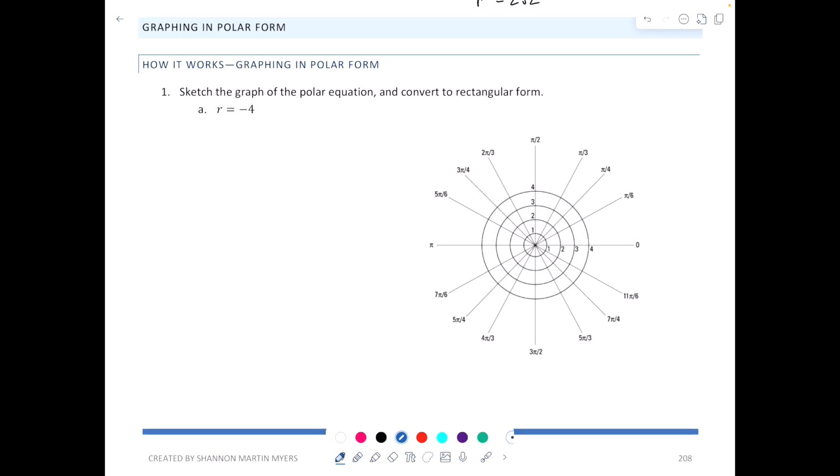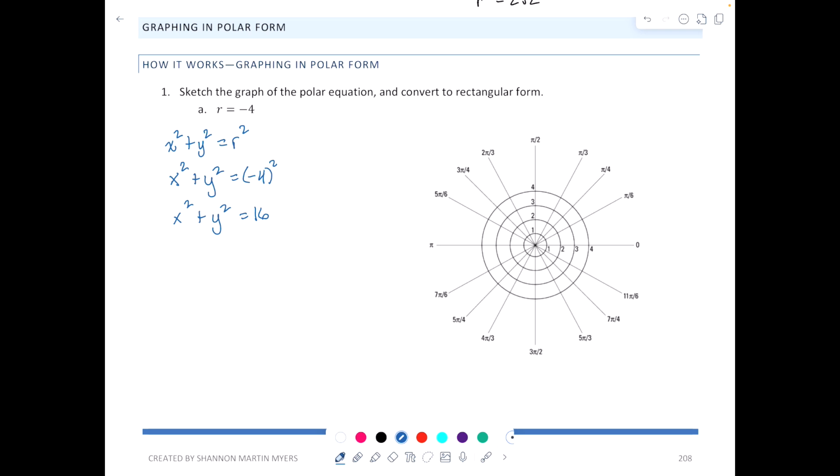So here, if I take a look at x squared plus y squared equals r squared, I'm going to have x squared plus y squared equals -4 squared, which is x squared plus y squared equals 16.